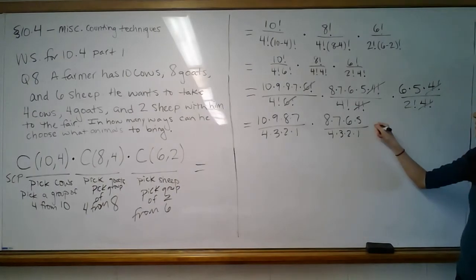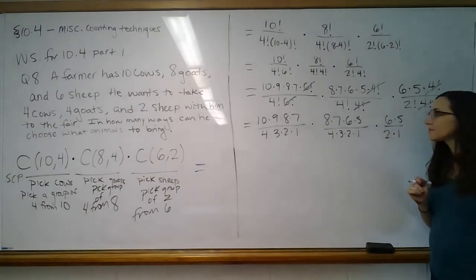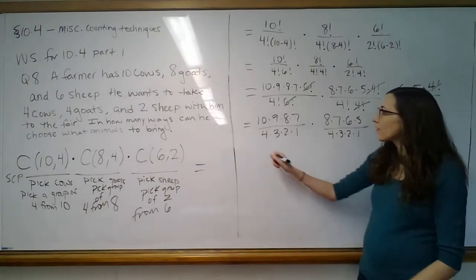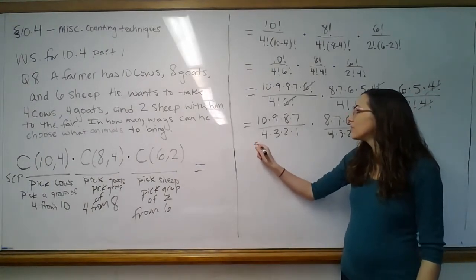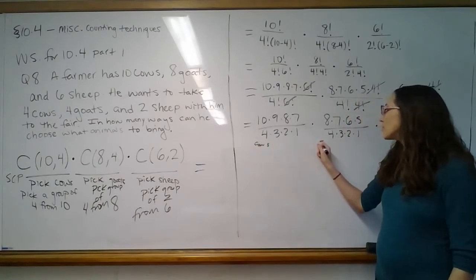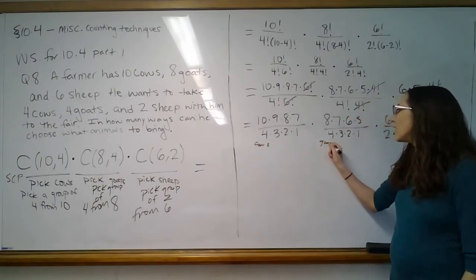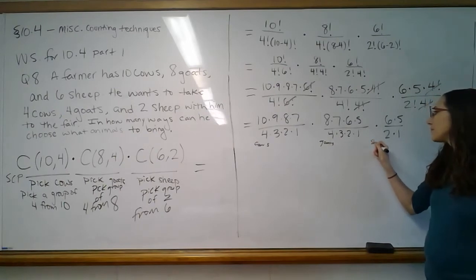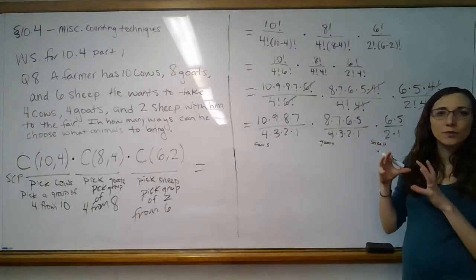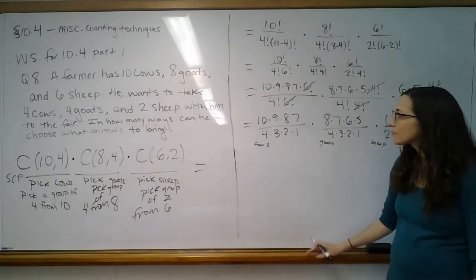And then for the sheep, we were left with 6 times 5 over 2 factorial, which is 2 times 1. So remember, while we're working, this was cows, this was goats, and this one is sheep. That's why we still have these 3 things all working together.